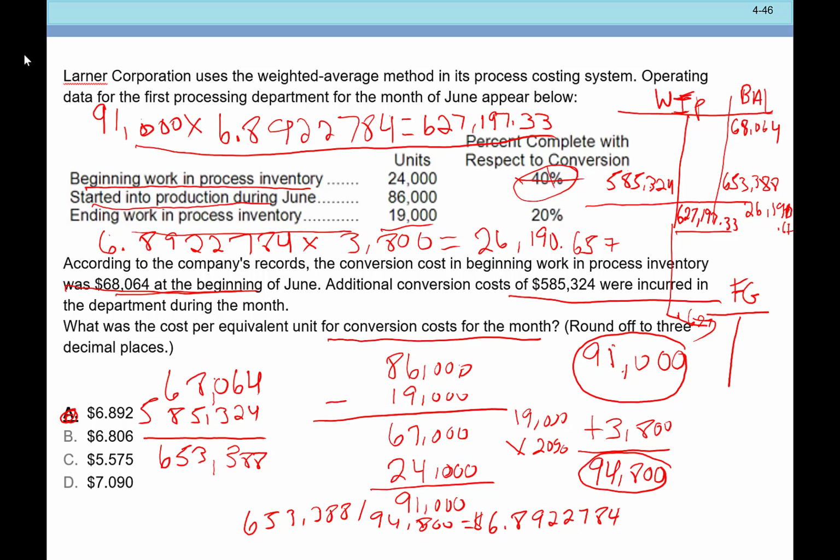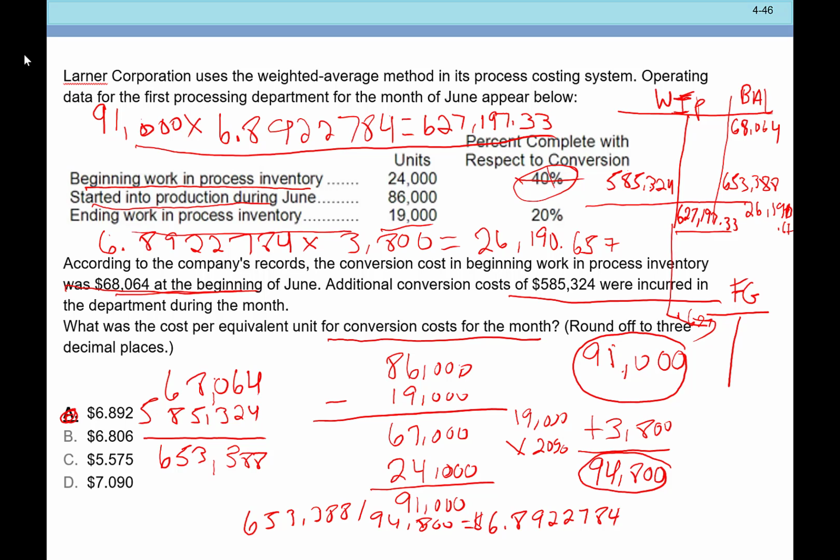Not the 94,800, but the 91,000 units that we assume got transferred. You have to use that big old number in order for this to work. That's why I calculated that number. 91,000 units were completed and transferred out, weren't they?